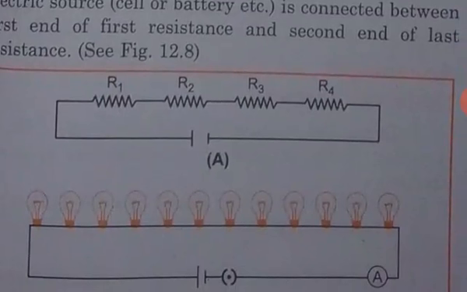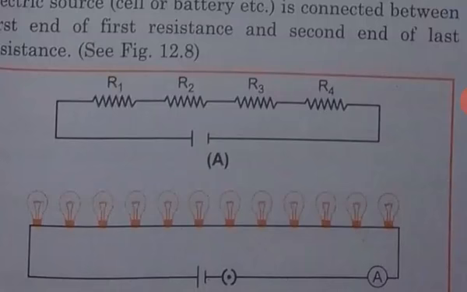It is clear that the same current flows in all the resistances, but the potential differences between their ends are different according to their resistance. Let four resistance wires R1, R2, R3 and R4 be joined in series.